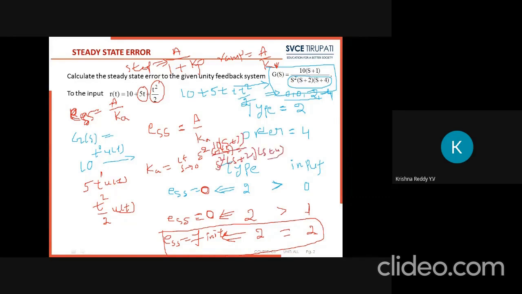Here s square cancels. Substitute s equal to 0 in this equation. It is 10 divided by 8.